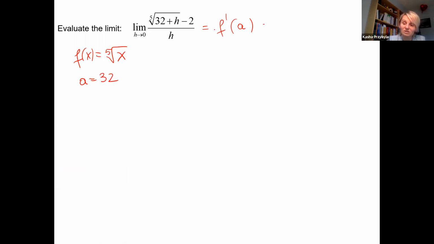Since we know this is the derivative at 32, and we can even see the value f of a, the 5th root of 32 is 2. But we will not evaluate algebraically. We will be smarter: find the derivative of this, then substitute 32, and that will be my answer.